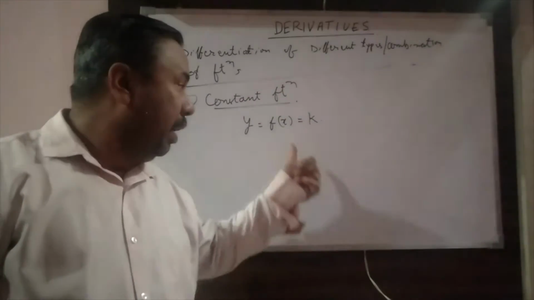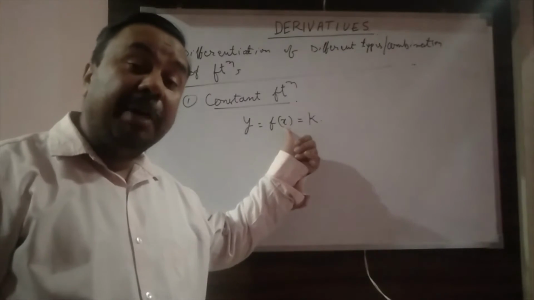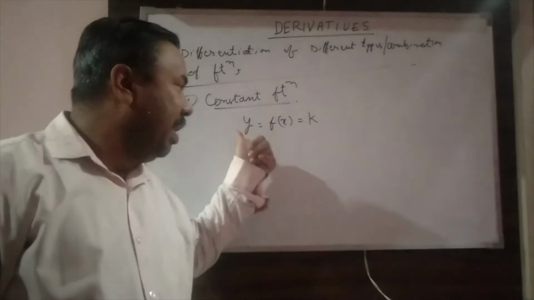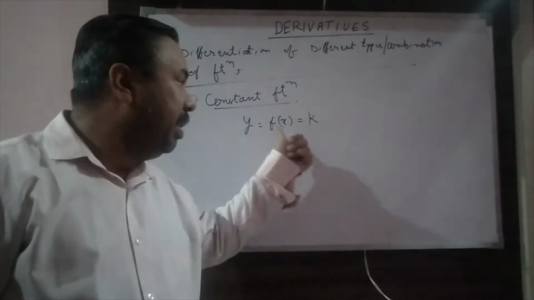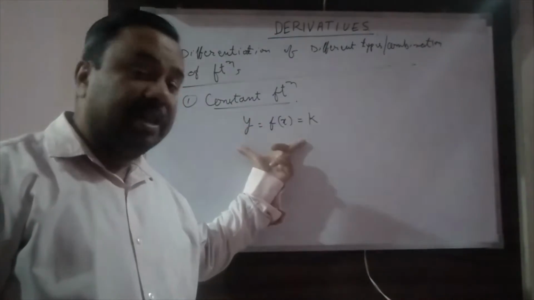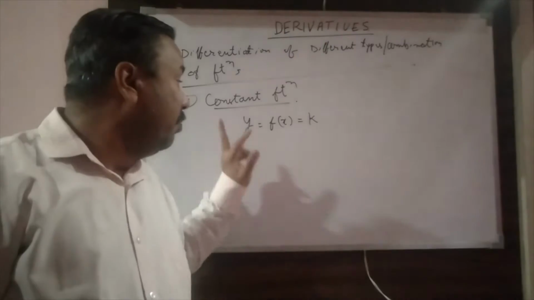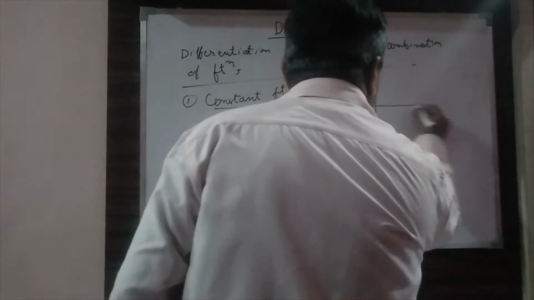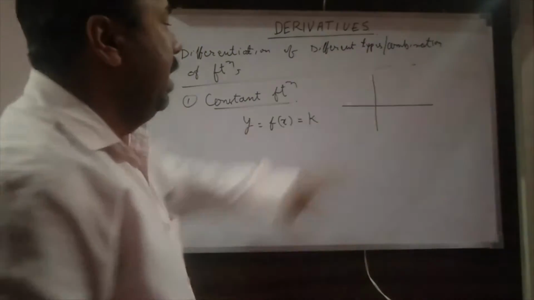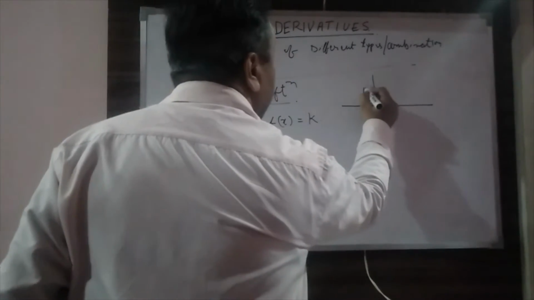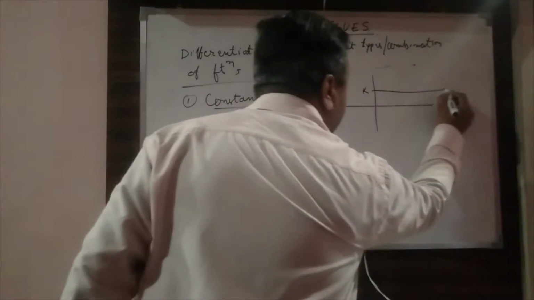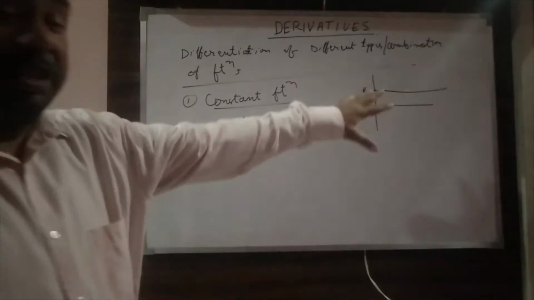As you know, x is the independent variable and the value of y will be dependent on x. But in this case, whatever the value of x, the value of y will always be k. And the graph, if this is the x-axis and this is the value k, will be parallel to the x-axis.